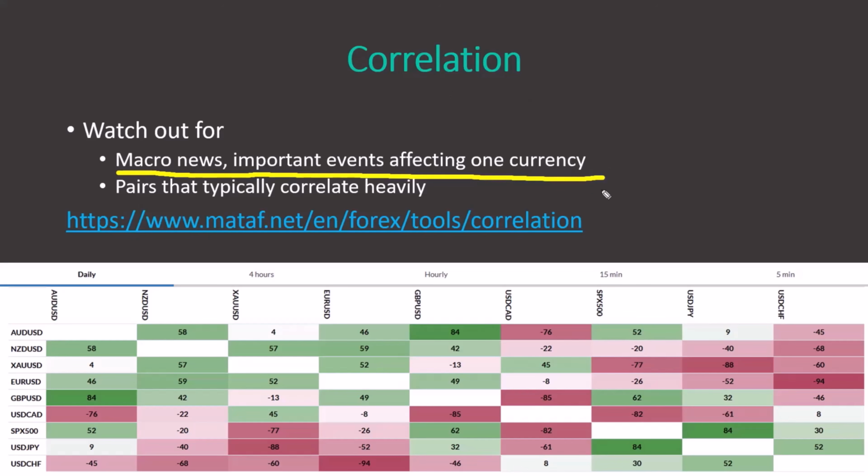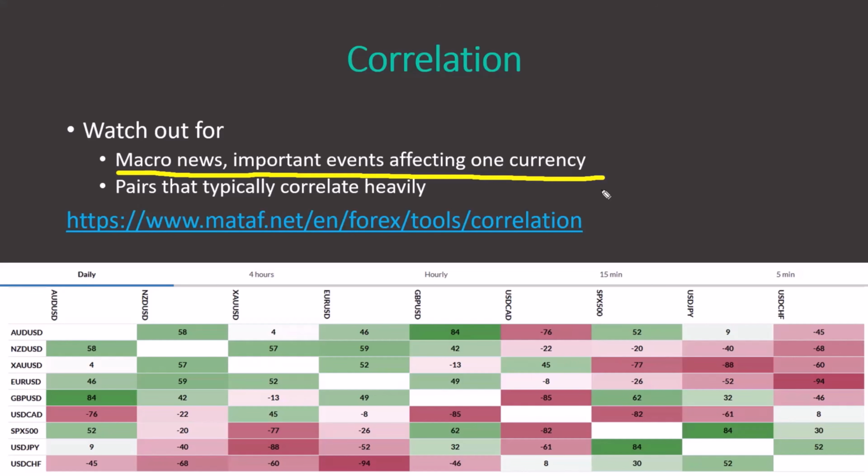Because for example, during macro news, what usually happens is one currency is strengthening or weakening, and that causes all the pairs where the currency is present to either go up or go down, and everything is driven by just that one currency where that macro news was.